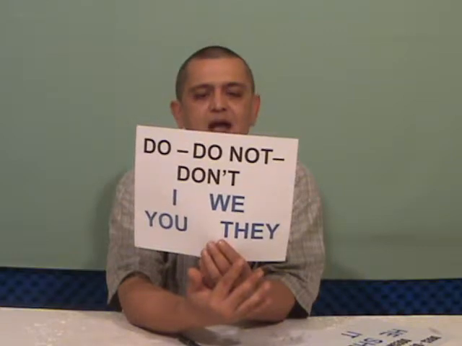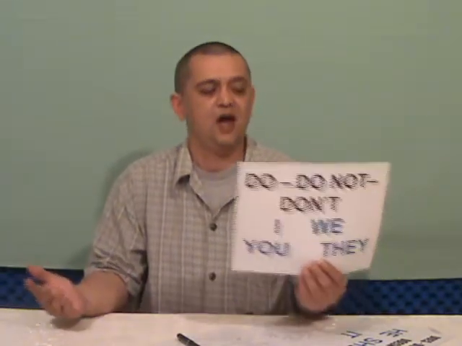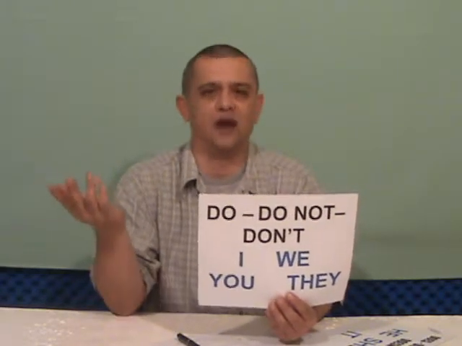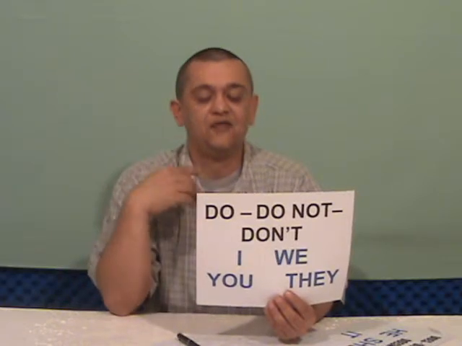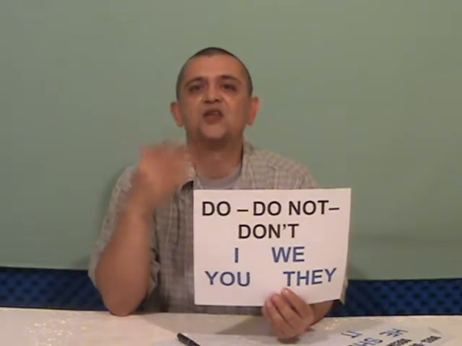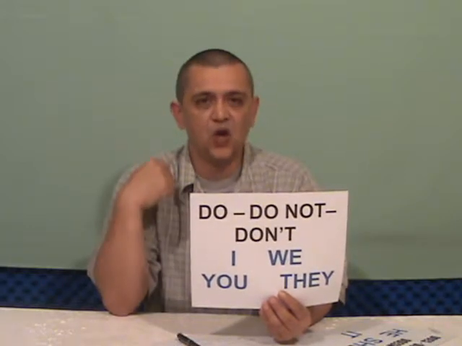All right? I do not like you. I don't like you. Okay. We don't play soccer in the evening. We play soccer during daytime. They don't like noisy people. You don't like me?